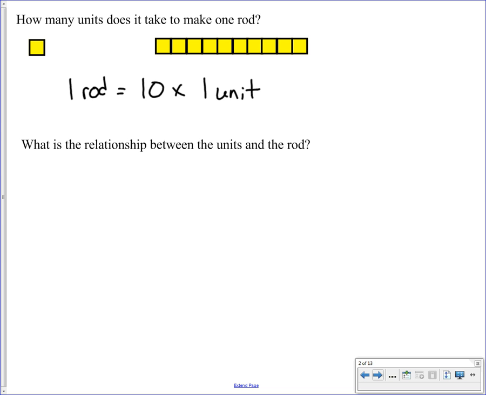Another way to write that would be the tens place is 10 times the ones place.